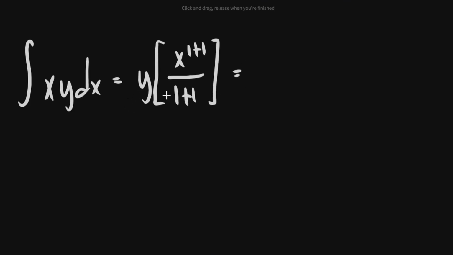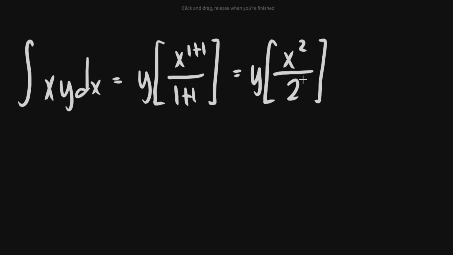And you should be met with y raised to 2, y squared, all over 2. To simplify it further, you get x squared y all over 2.